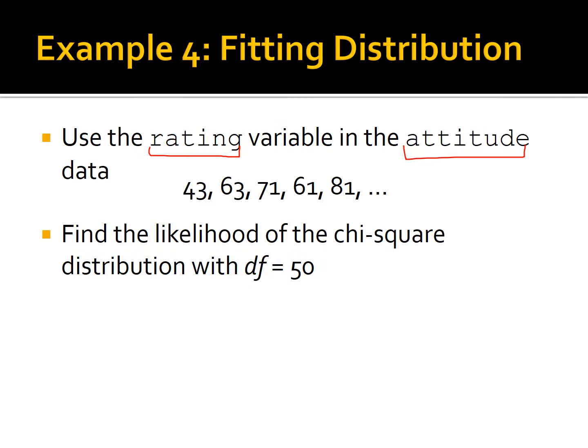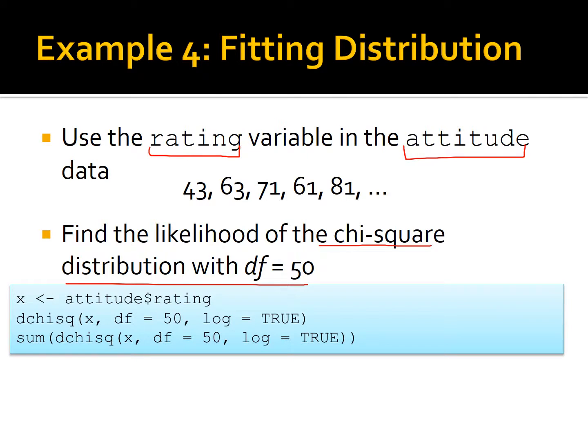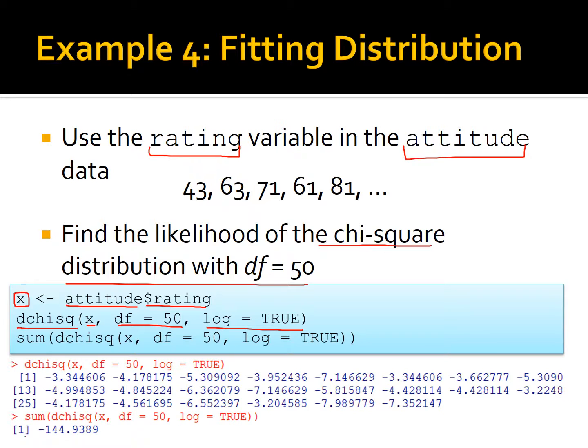I would like to check if I fit the data with the chi-square distribution with degree of freedom of 50, what is the likelihood of fitting that distribution. So I assign x as the rating variable from the attitude data, and then I use the chi-square density of x given the degree of freedom of 50, and I would like to use log scale, so I put log equal true, and I sum the likelihood of individual data points.